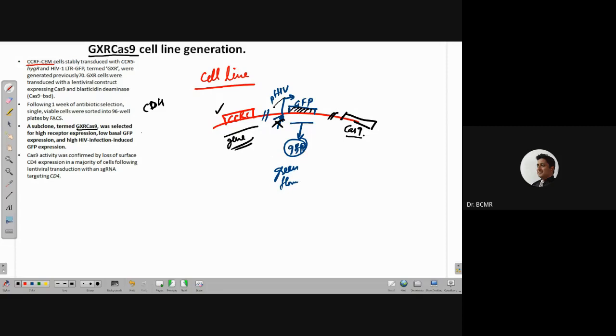So the three components are CCR5, a reporter for HIV, GFP, and a Cas9 gene in the cell line. Now, before I go in, say for example I have taken GXR Cas9. If HIV is infected, what color will it be?